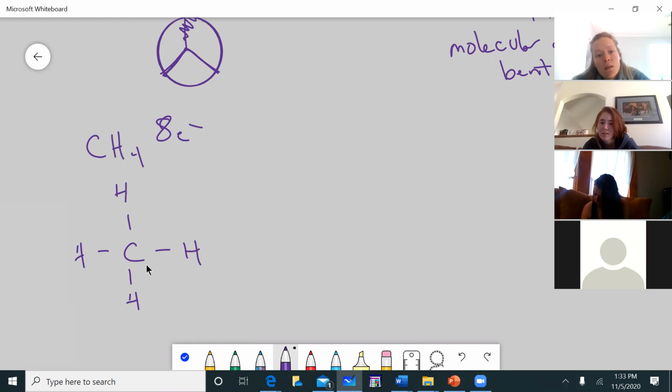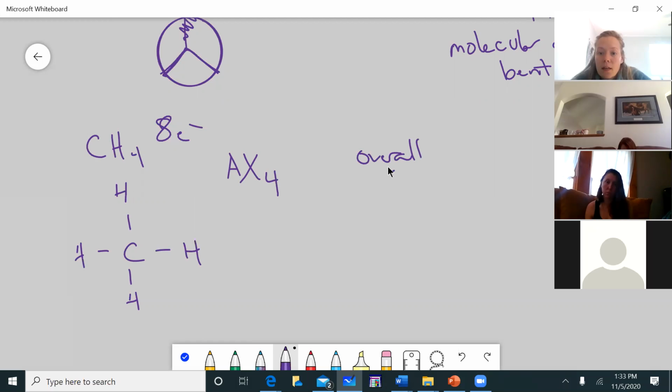Okay. And the structure is done. So if I'm going to write its formula, I'm going to write A, X, how many groups do I have? 1, 2, 3, 4 groups. Do I have any lone pairs here? No, I don't have any lone pairs. Okay, so there's no E. When there's no E, I know my overall and molecular are the same.